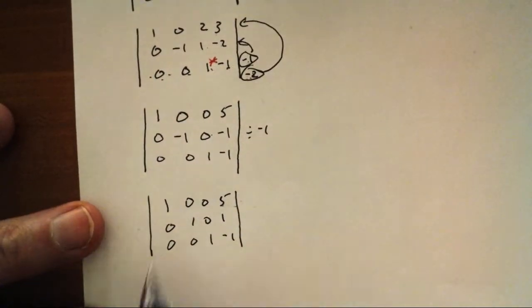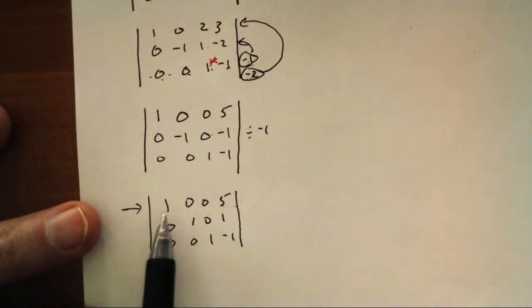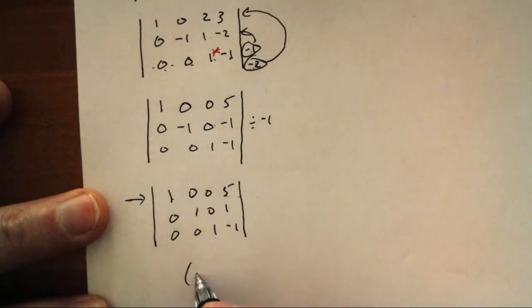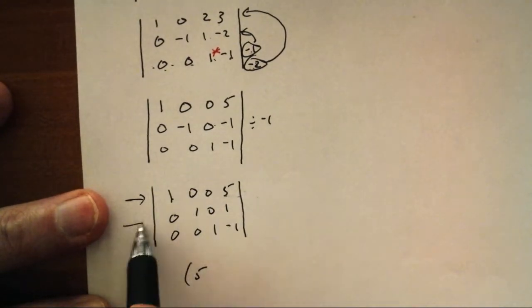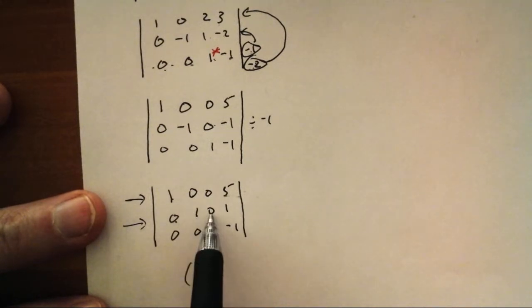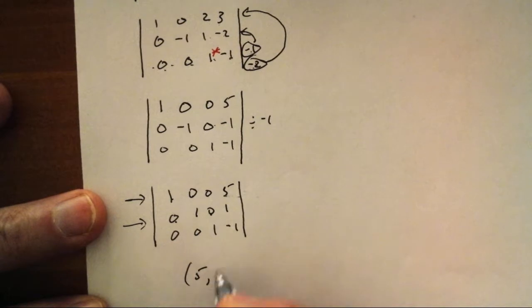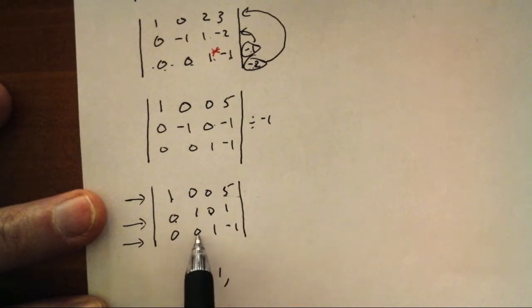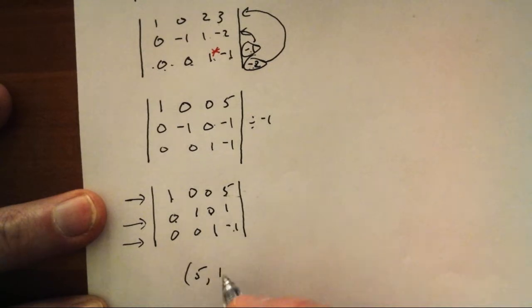And the reason is because don't forget, this is an equation. 1x plus 0y plus 0z equals 5. This is an equation. 0x's plus 1y plus 0z, or just y, equals 1. And this is an equation. No x's, no y's, 1z equals -1.